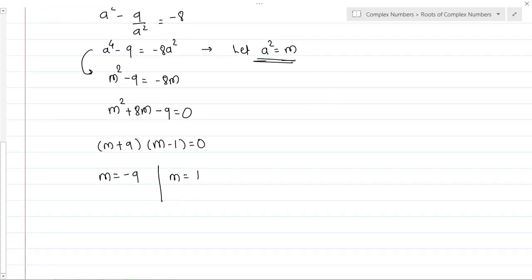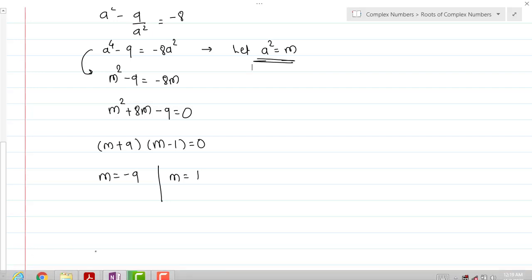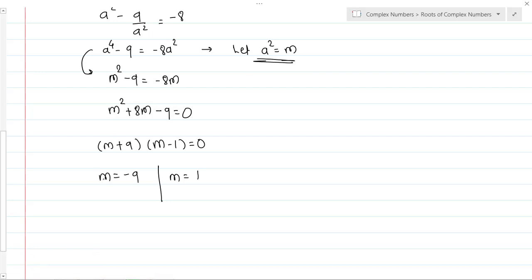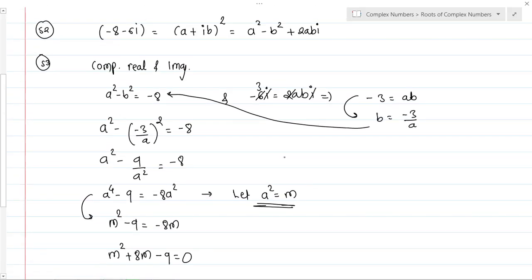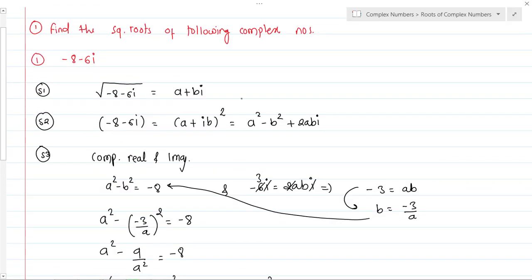So a square equals minus 9, and here a square equals 1. Okay, and you know that in any complex number a plus ib, a and b belong to the real numbers.